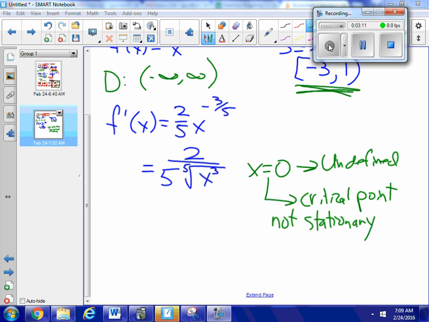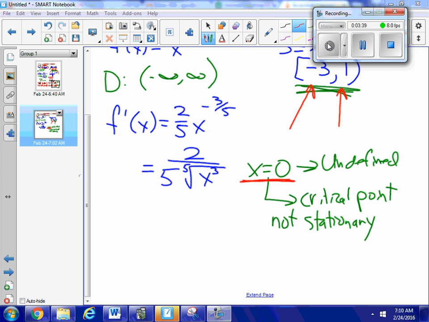As far as I can tell, this is my only critical point in the function. So this is one possibility for an extreme value. The other possibilities are my endpoints, -3 and 1. So all three of those are candidates for being extreme values.